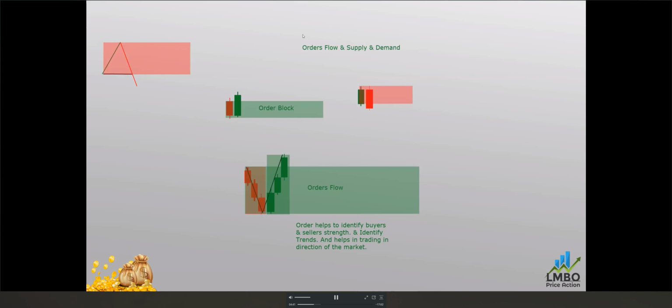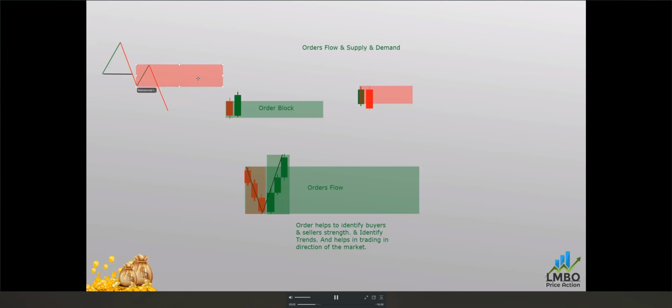Now, in case the buyers come again in the flow of the sellers, we will never trade the buyer patterns because the flow is going on for the sale. So we will expect a seller's pattern and then we will trade it. Again, sellers come into the market, then again the flow is changed.